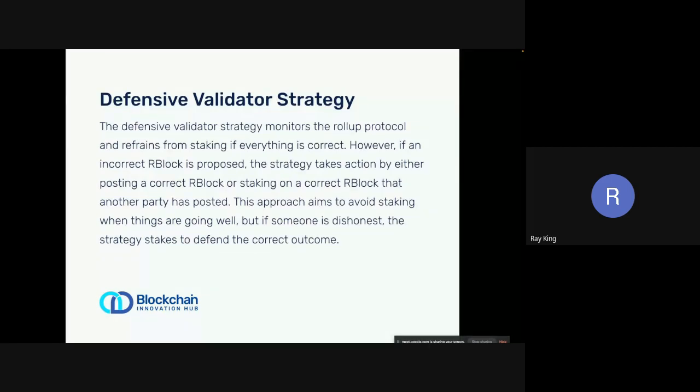How does it work? Whenever an incorrect block is proposed, the strategy takes action by posting a correct block or staking on a correct block that another party has posted. This approach aims to avoid staking when things are going well. But if someone is dishonest, the strategy takes stakes to defend the correct outcome.